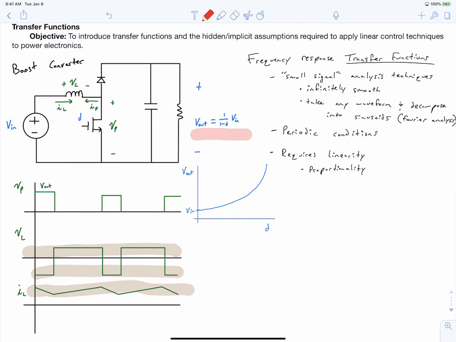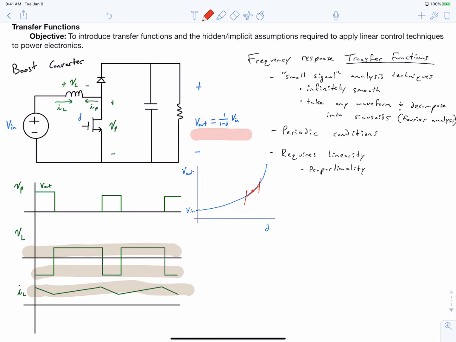Perhaps we will always be outputting 48 volts when our input voltage is 12 volts. And we can say that, well, we want our duty ratio to be at this point over here. And we can figure that if we approximate this curve by its tangent, we get some kind of line that looks like this. And we can figure that within some reasonable bounds here, we have an approximately linearized system. We have an approximate linear relationship.